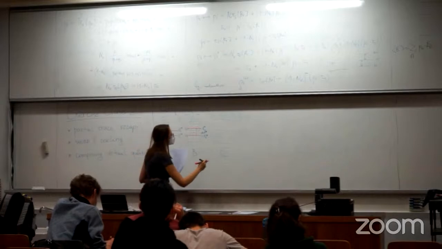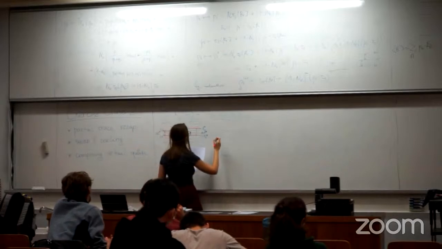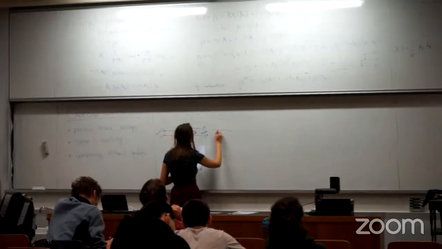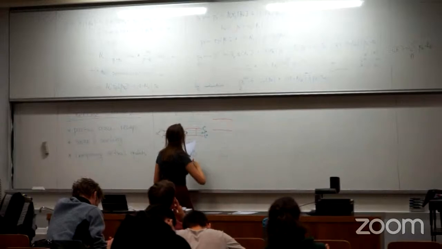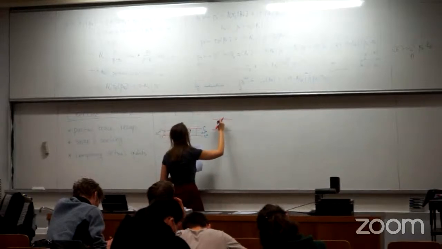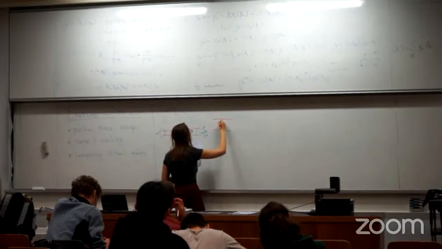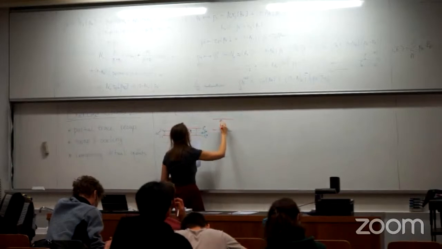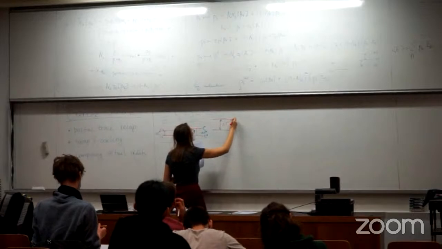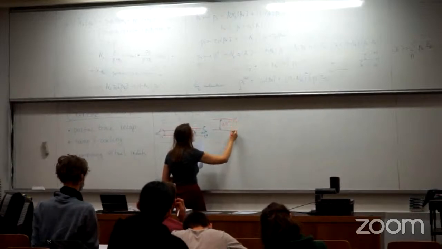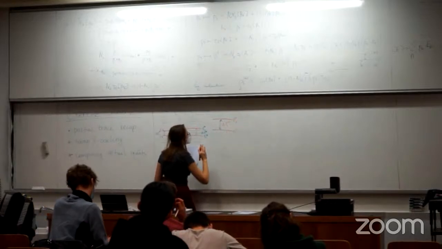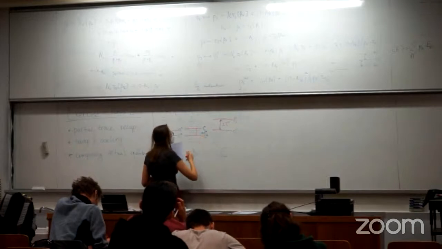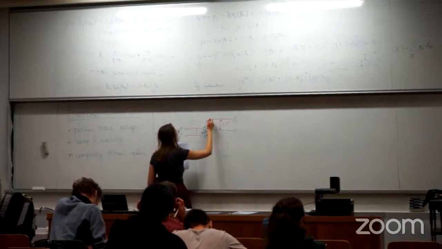Here I do the same. Say I choose these 2 levels. The energy difference will be delta E_C. And again, I just label them as I and J for convenience.